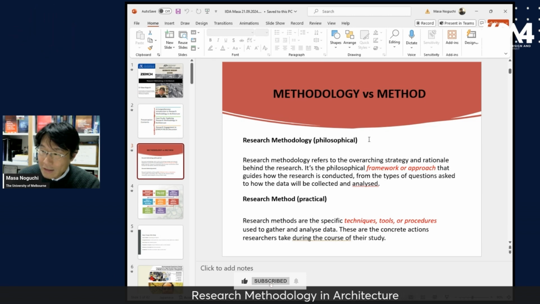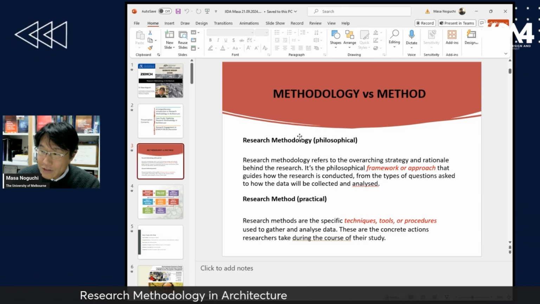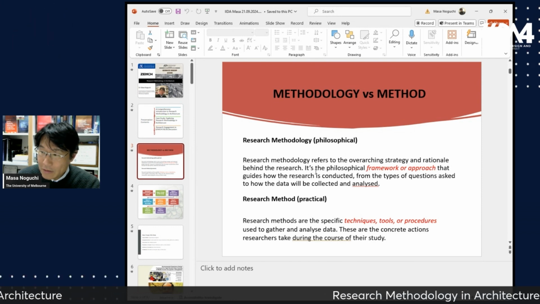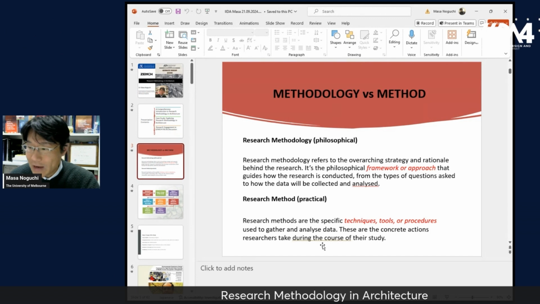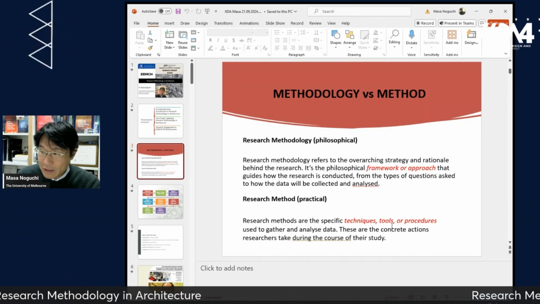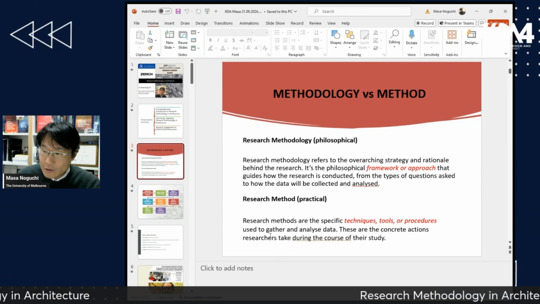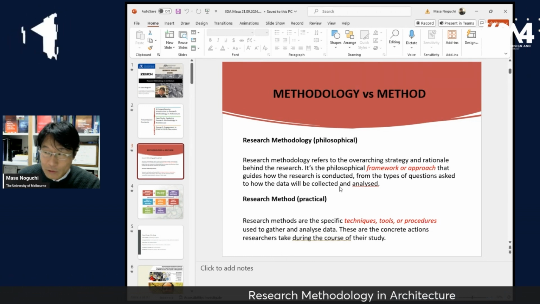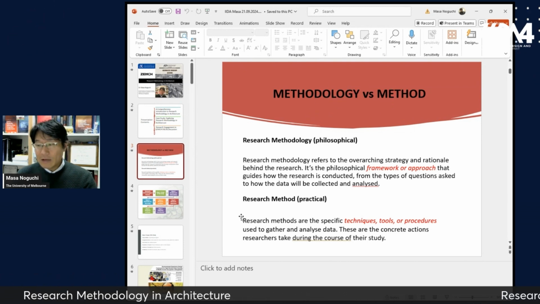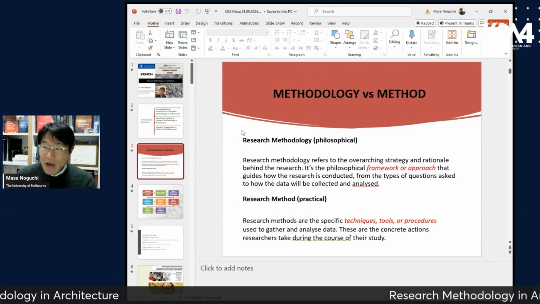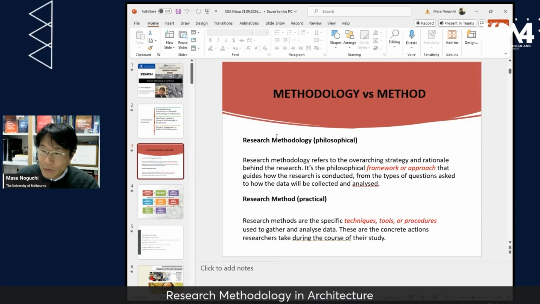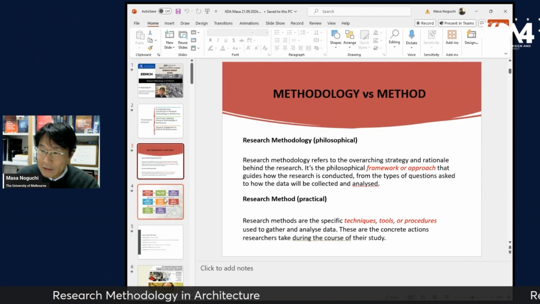This is the larger vision of how the research idea could be shaped. And a research method is the more practical techniques, tools and procedures used to gather and analyze the data. That's the difference between research methodology and method. But actually, research method is part of research methodology. Let me explain these components a little further using the next slides.